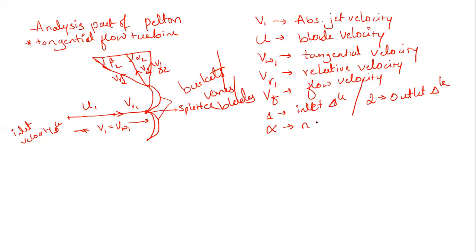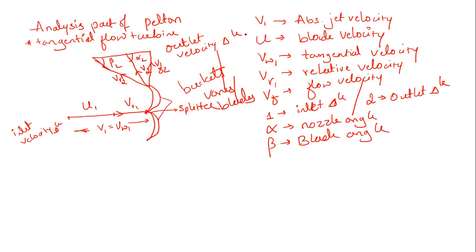Alpha is called the nozzle angle and beta is called the blade angle. This is your velocity triangles for inlet and outlet. So this is the representation of inlet and outlet velocity triangles.